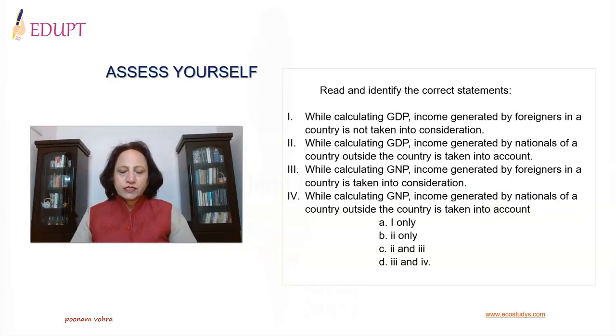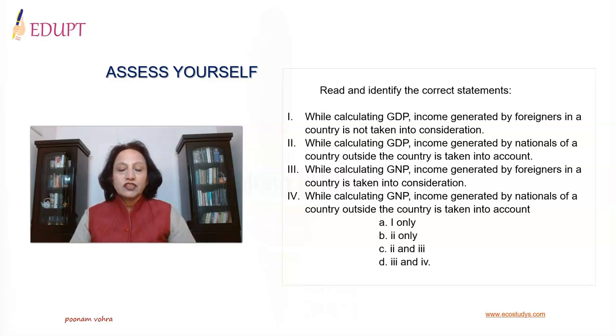Now look at this question. Read these statements and identify the correct ones. I will read it for you. Statement 1. While calculating GDP, income generated by foreigners in a country is not taken into consideration. 2.